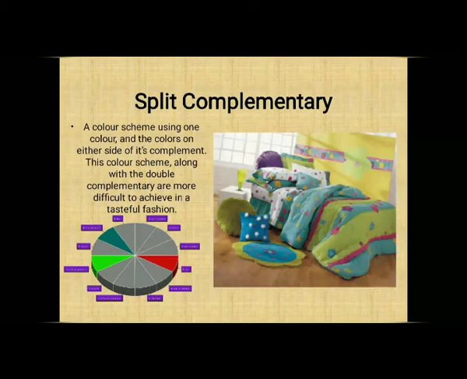You will choose the left part and right part of that particular green, means you will choose yellow green and blue green as a split complementary color scheme. So it may be chosen for various reasons and can be designed as per guest preference.